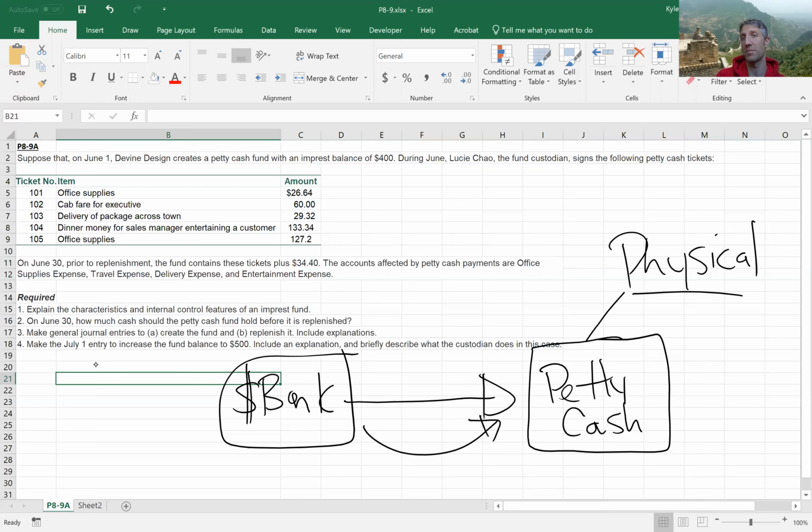That's different from a bank because you see your bank balance online. The cash in the bank is stored somewhere else separately off-site. Petty cash is cash that's on-site and it's physical, so it's coins and bills. And the petty cash custodian is the one that's responsible for managing the petty cash fund, and they keep it maybe in an envelope or a locked box.